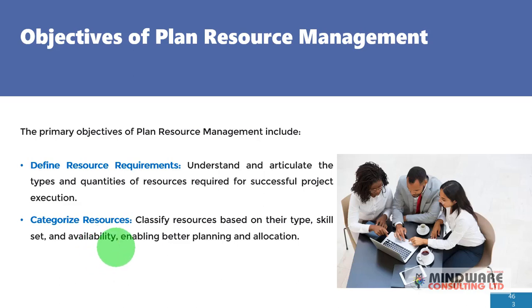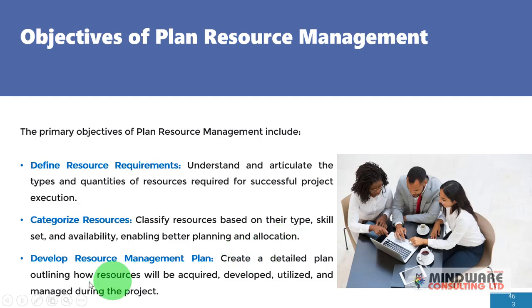And then also enabling better planning and allocation. This information will enable you to plan better and also to allocate these resources better when you understand their availability, their skill sets, as well as their types. Next, develop resource management plan.